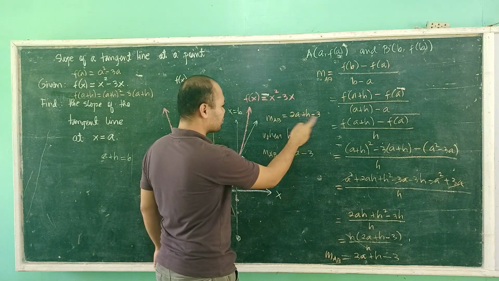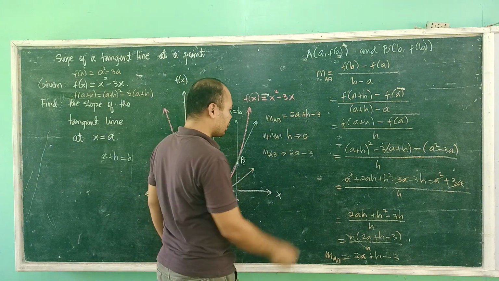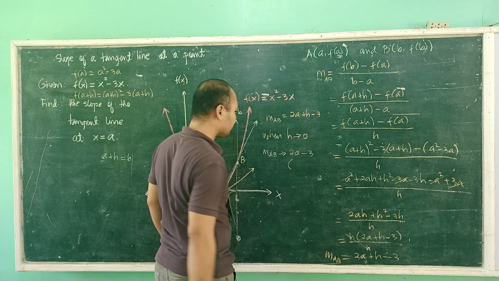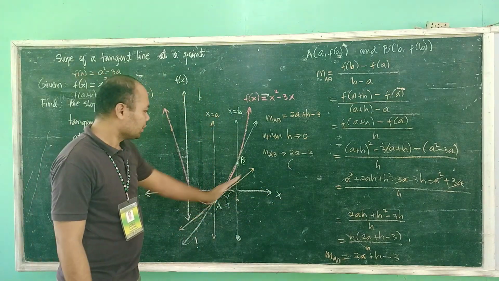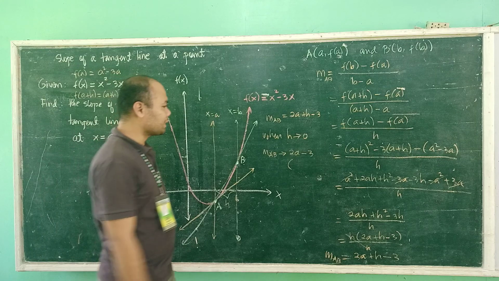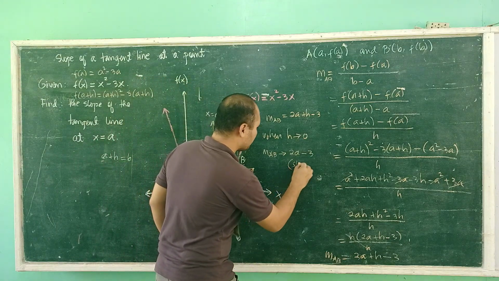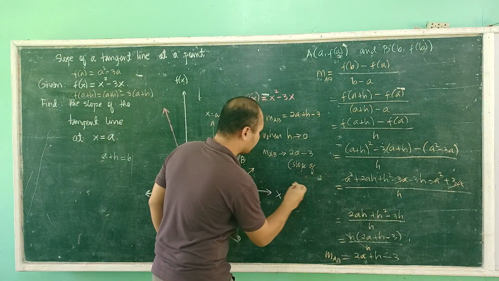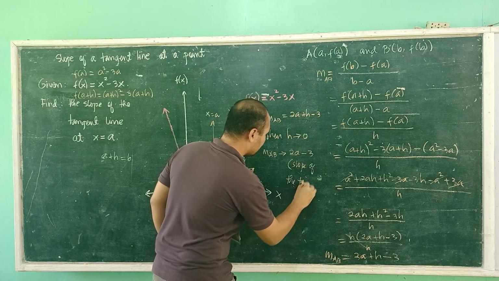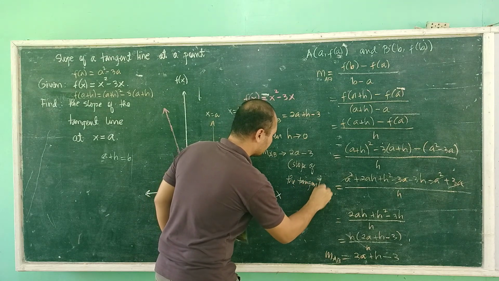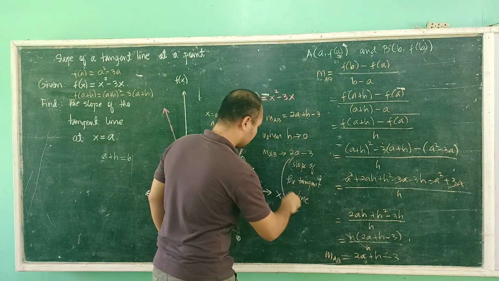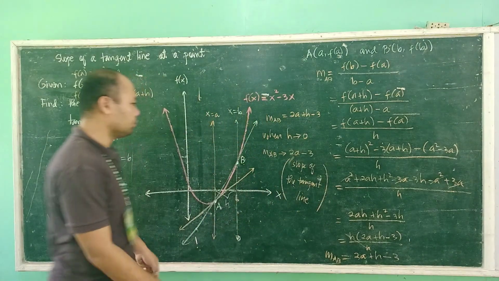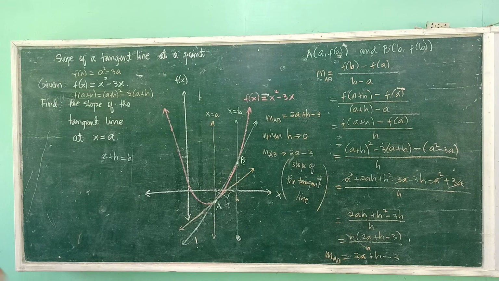The h will just become 0, so that's 2A minus 3. And what is this? When h is very small, positively, you already have the slope of the tangent line. So that's the slope of the tangent line at A.